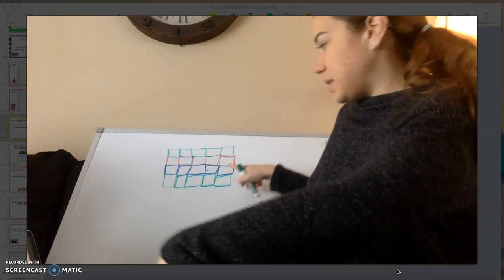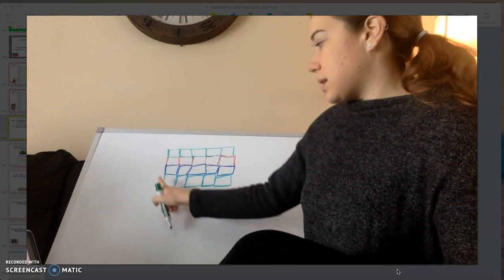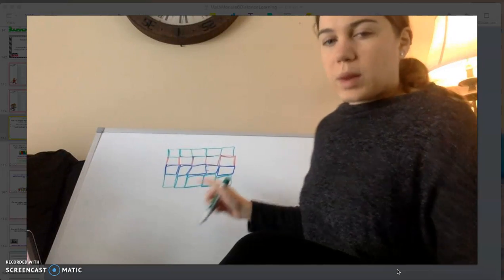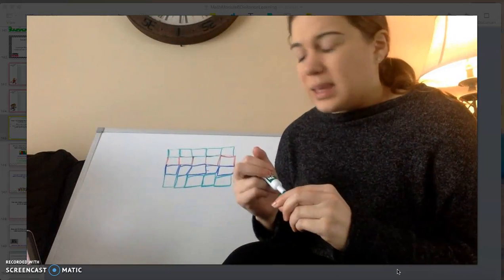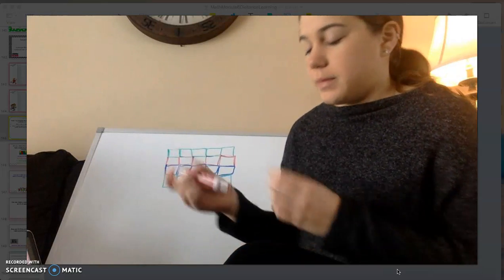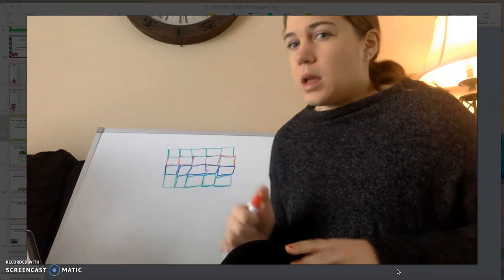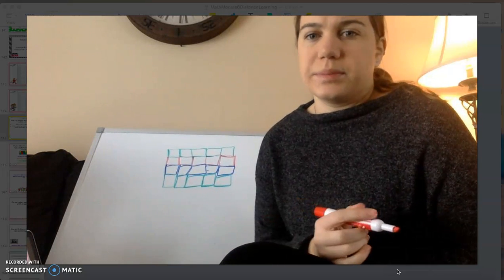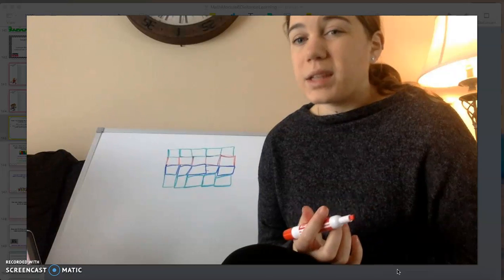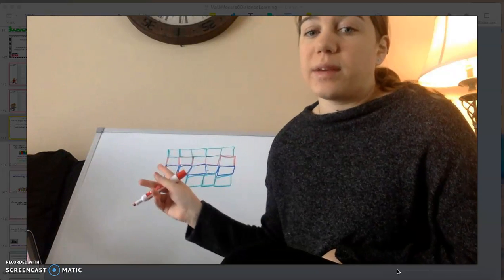I knew I had 15 there, so I'm going to count on this time. 16, 17, 18, 19, 20. So I'm not there yet, and it's not a square yet. Let's try one more row of 5. I'm at 20. What's 5 more than 20? Good, it's 25. So we would have 25 tiles on there.